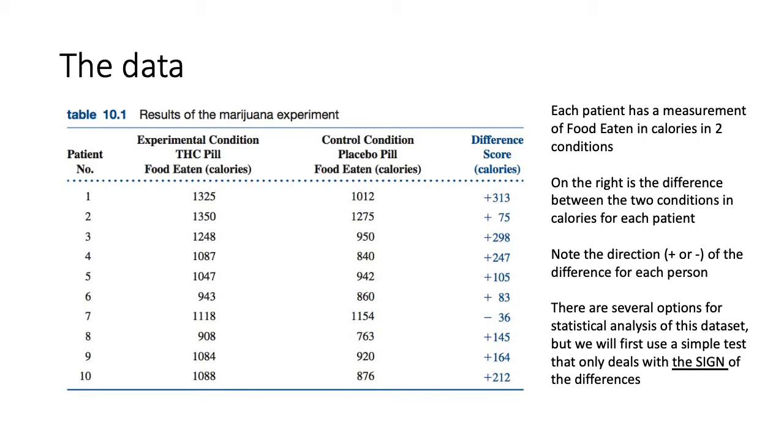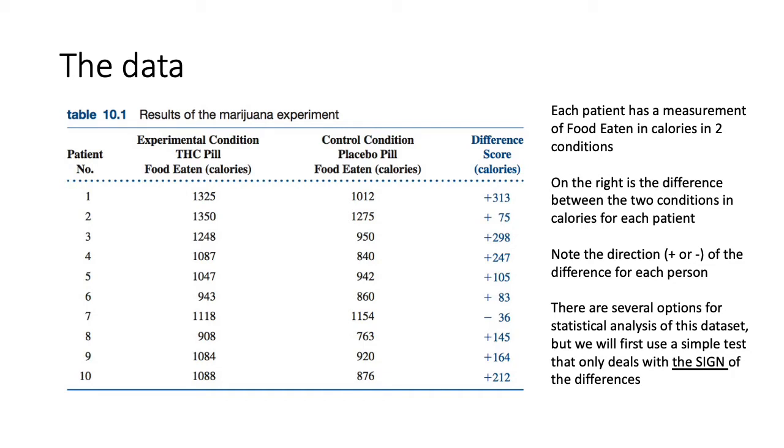So there are several options for statistical analysis of this data set. What we're going to do, though, is only pay attention to the sign of the difference. So we're only going to pay attention to whether someone has a plus in front of their difference score or a minus in front of their difference score. The reason for that is because we can turn this into a binomial probability problem by considering the fact that each person's difference could either be a plus or a minus.